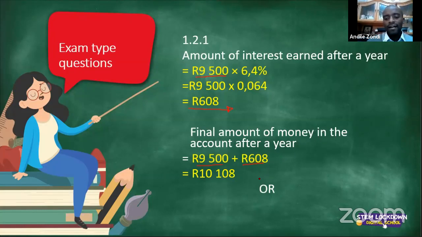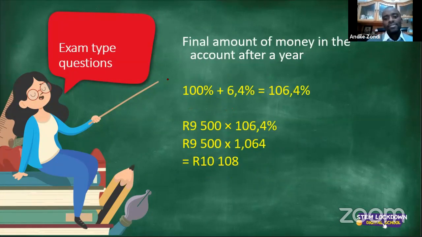Now here I said there's another way of doing this question, which is quicker. The way that I actually prefer is to say, if the bank will increase Mr. Simmons' capital or invested amount by 6.4%, in essence, he would have earned 106.4% of his investment.